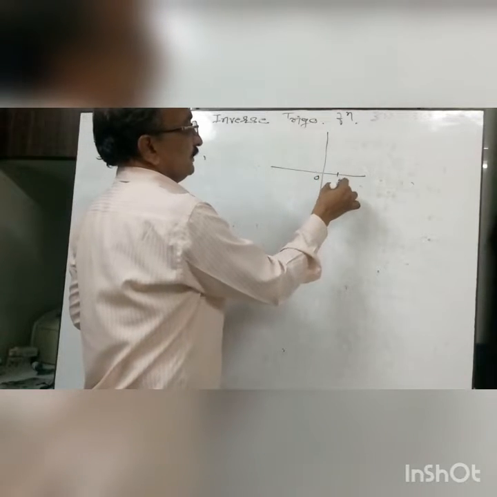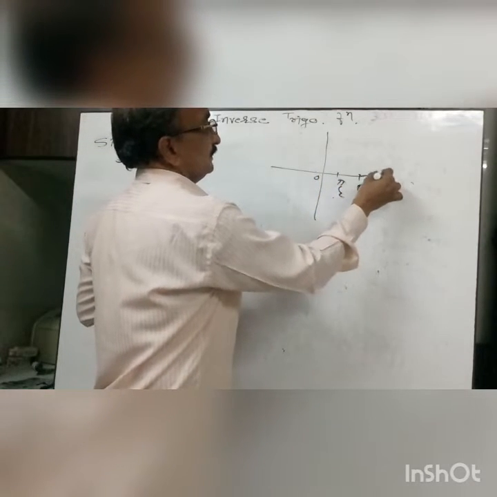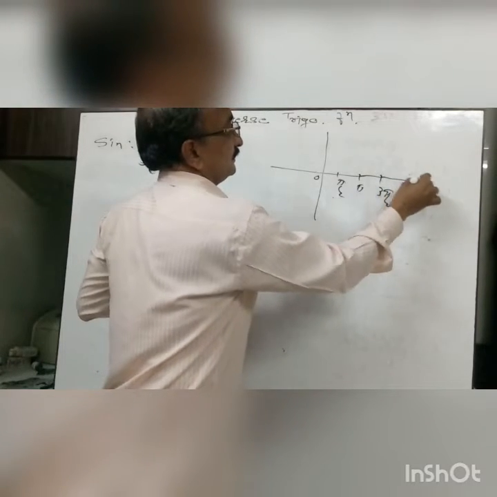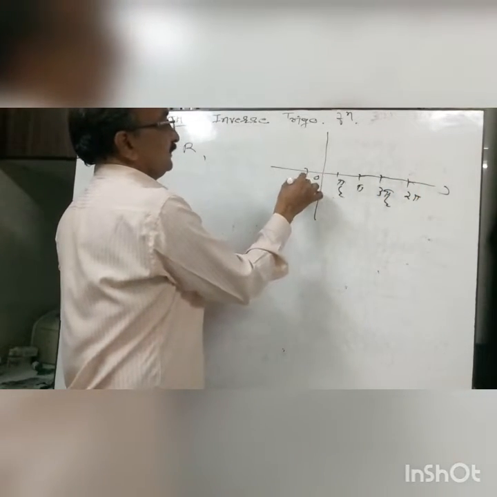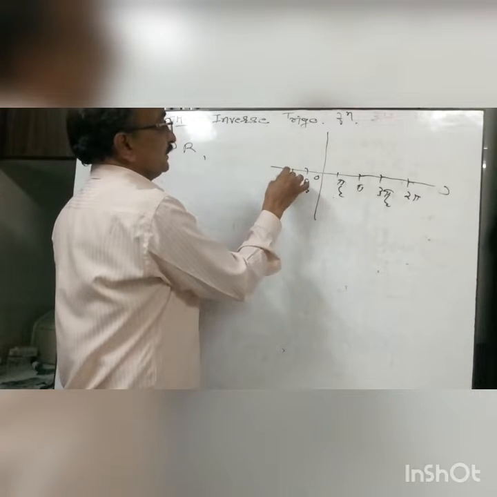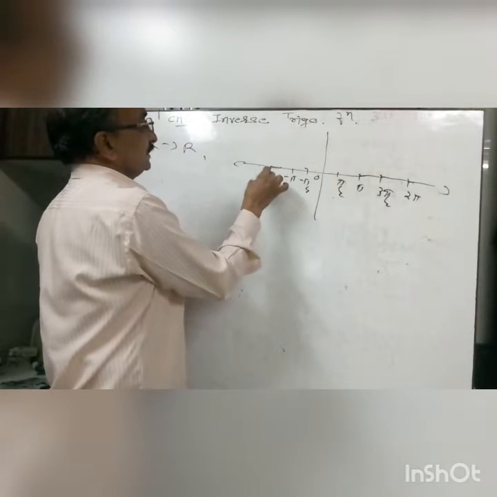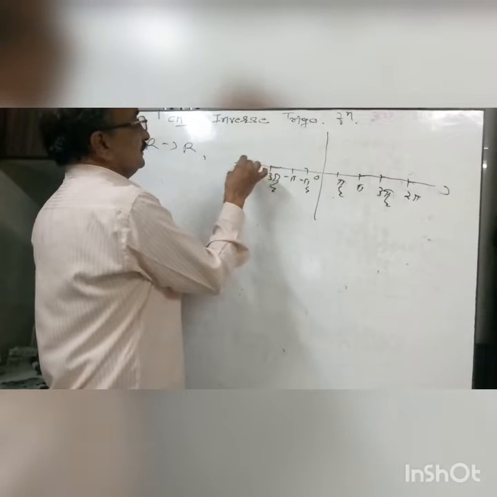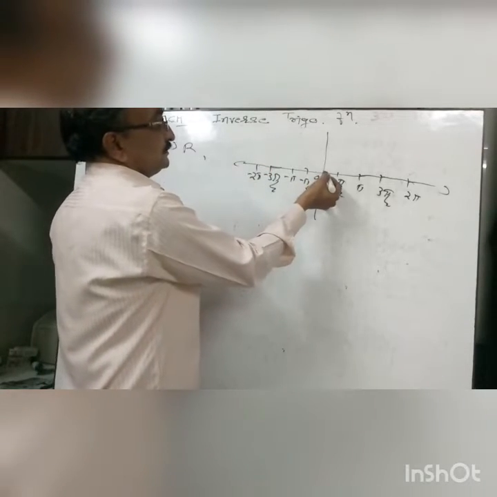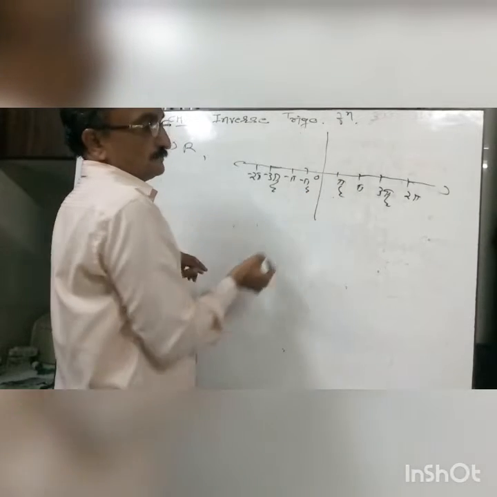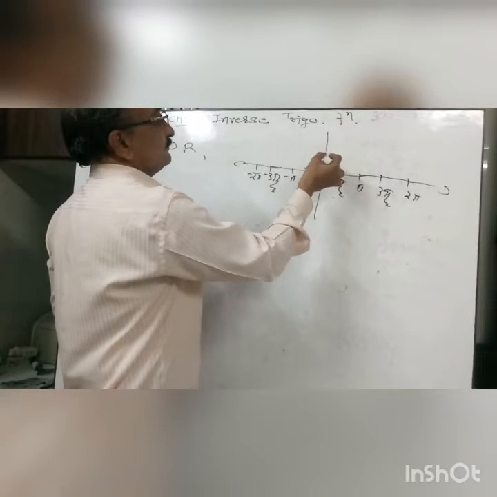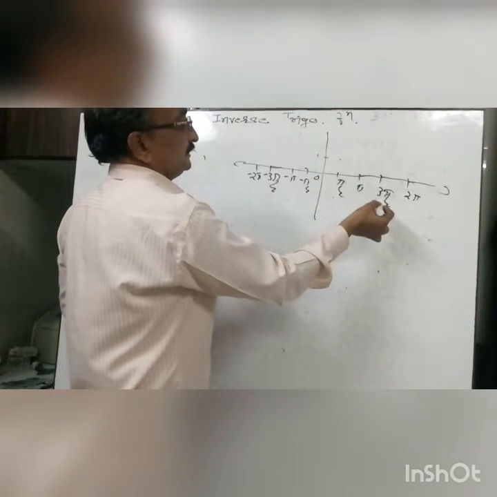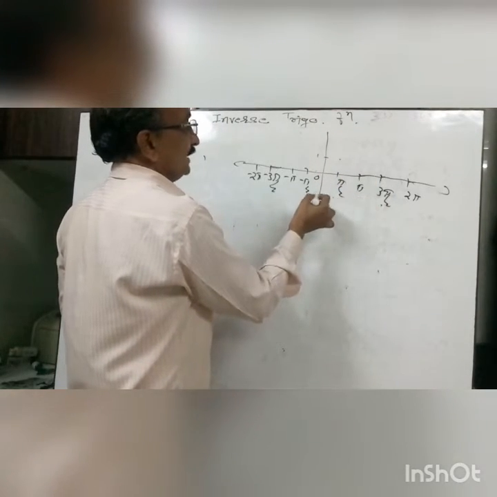0, pi by 2, pi, 3 pi by 2, 2 pi, same on this side: minus pi by 2, minus pi, minus 3 pi by 2, minus 2 pi. At 0, the value of sine becomes 0, at pi by 2 it becomes 1, at pi it becomes 0, at 3 pi by 2 it becomes minus 1.